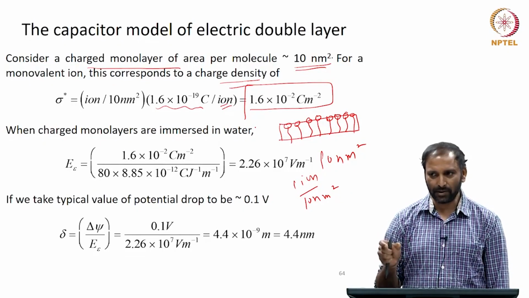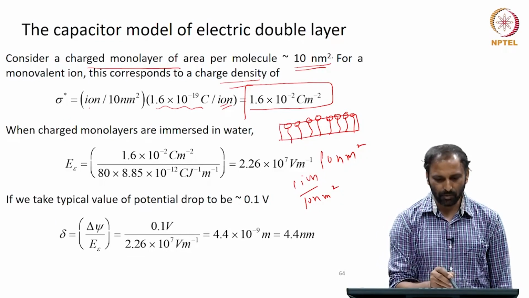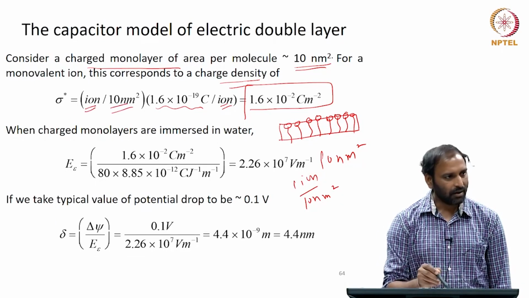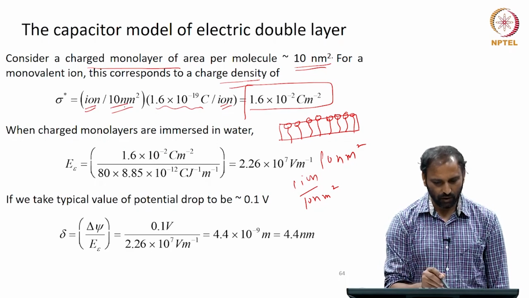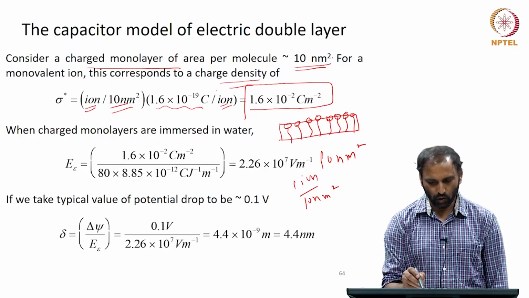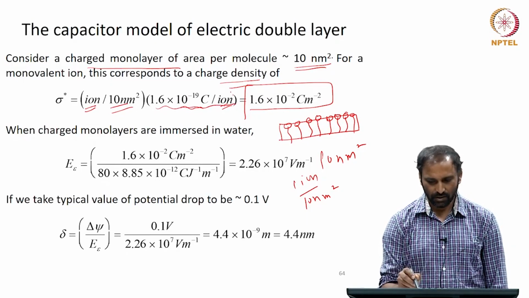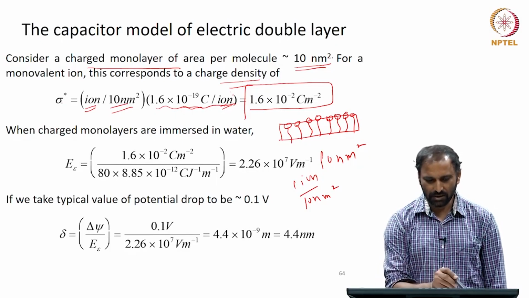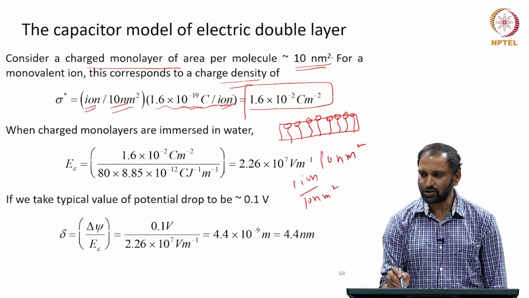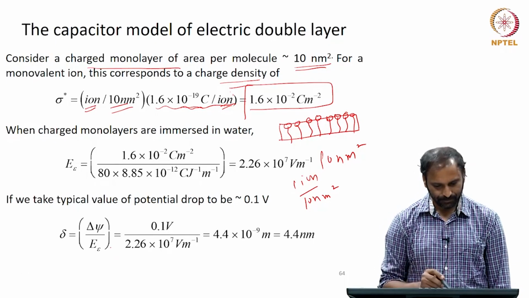Then the charge density is 1.6 × 10^-19 coulombs per ion, divided by 10 nanometer square, so you get a sigma star of 1.6 × 10^-2 coulomb per meter square.